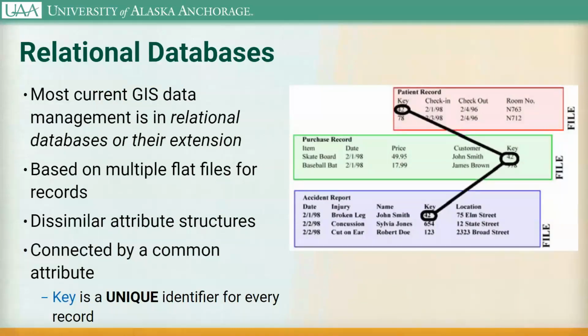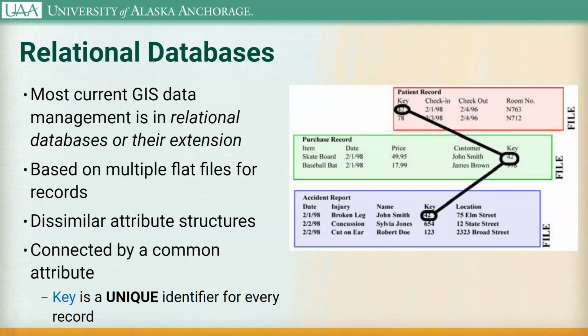So this is kind of a conceptual look at relational databases. We talked about the feature ID for ArcGIS data sets and having a key record in every table is important to understanding how those pieces of information relate to each other.